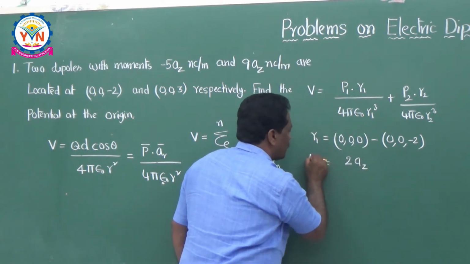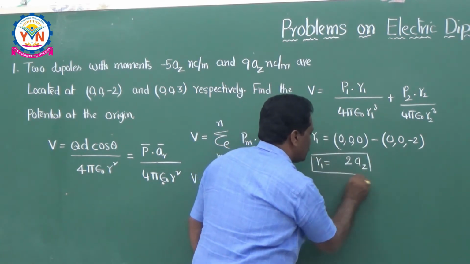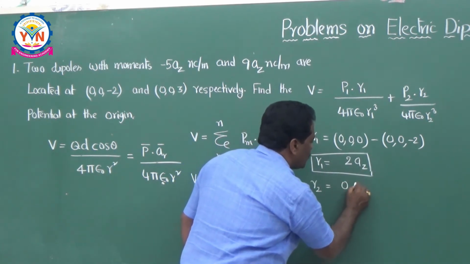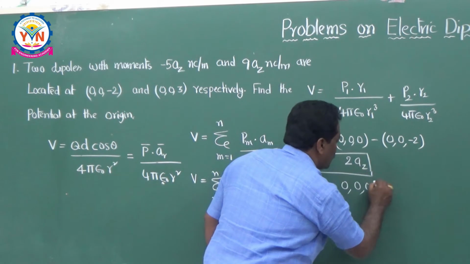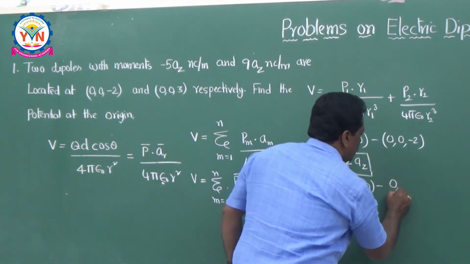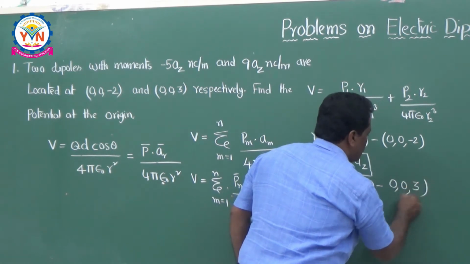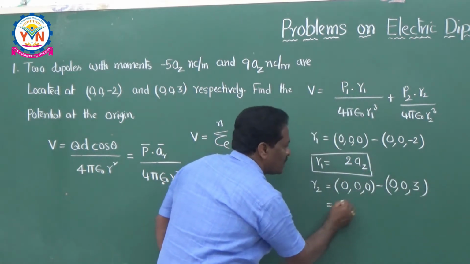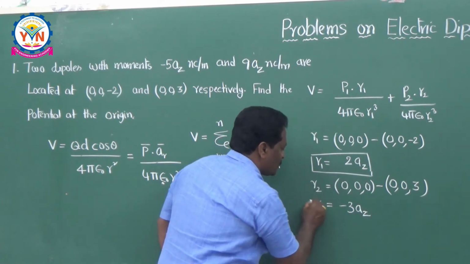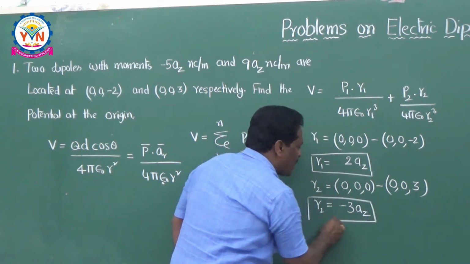Therefore, R1 is equal to 2 Az. Similarly, what is R2? R2 is equal to (0, 0, 0) minus the point (0, 0, 3). This gives minus 3 Az, which is R2. So, you got the values of R1 and R2.